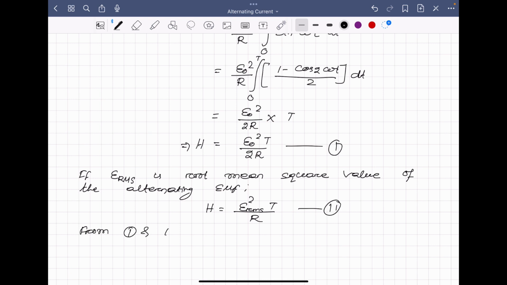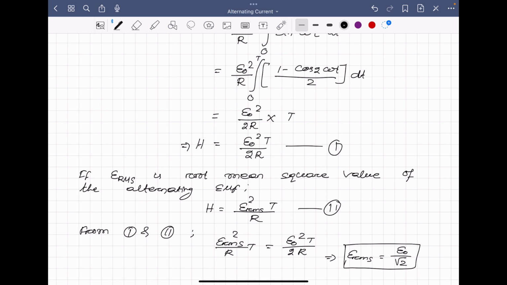From 1 and 2, ERMS square upon R into T can be written as E naught square T by 2R, or we can write ERMS is our E naught upon root 2.